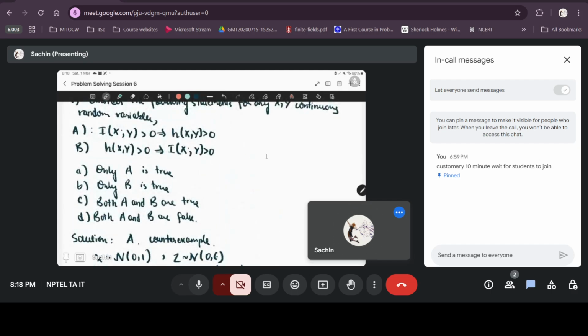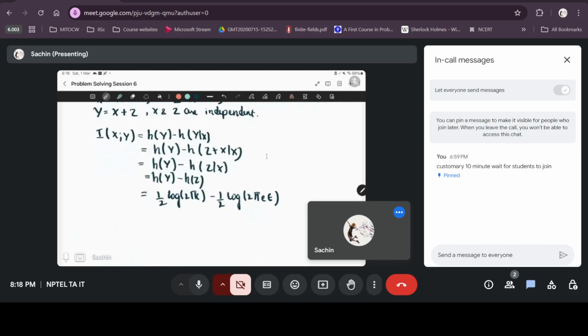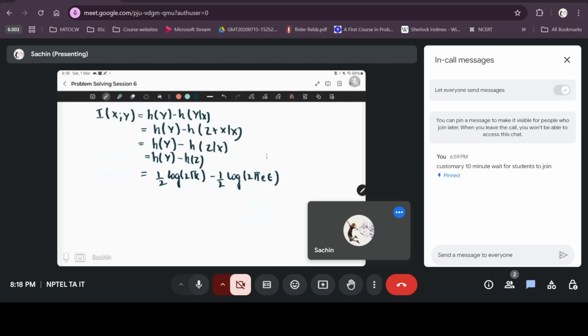And as epsilon approaches 0, I of x y approaches infinity. So I of x y is greater than 0. There are values of epsilon for which I of x y is greater than 0.